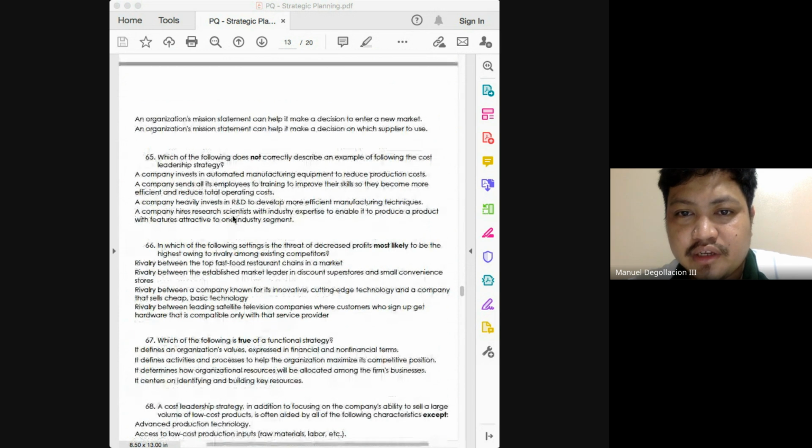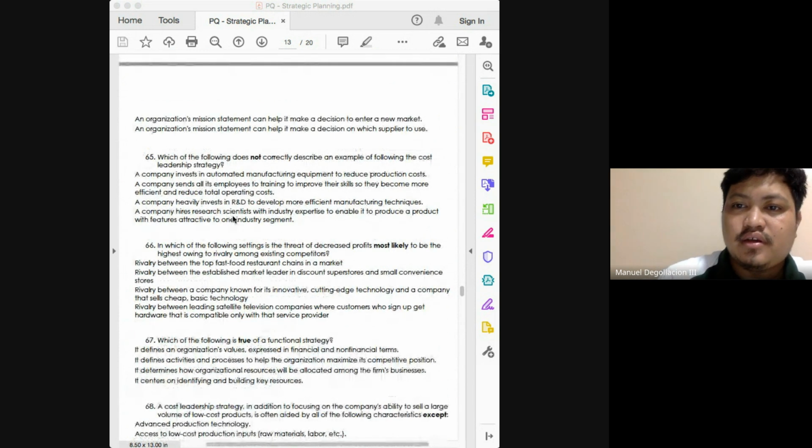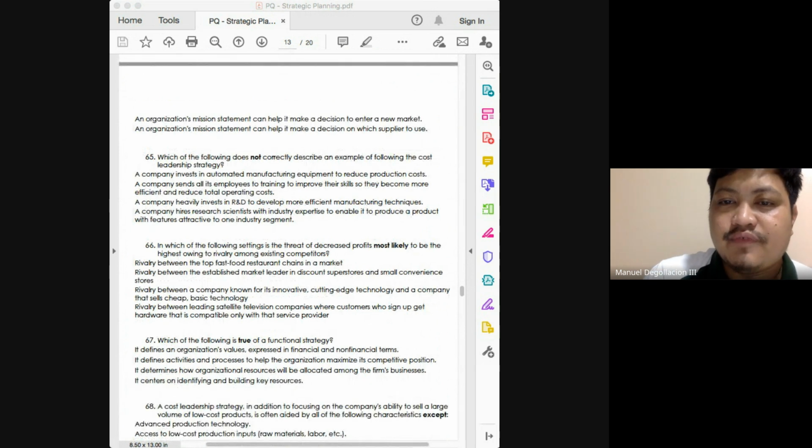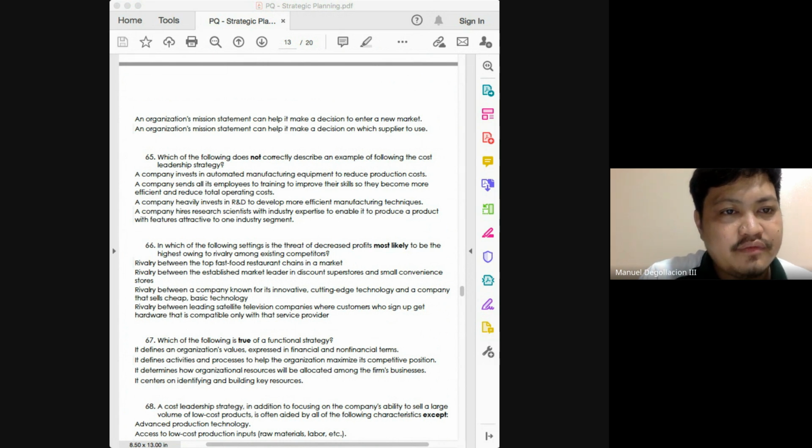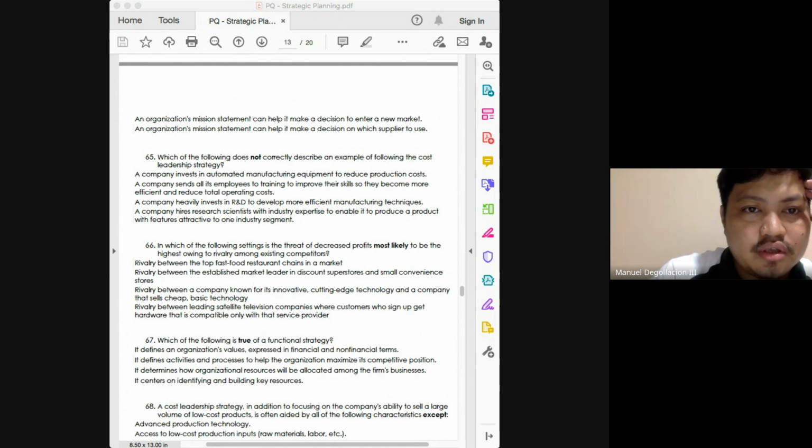65. Which of the following does not correctly describe an example of following the cost leadership strategy? So that means three of the four show cost leadership strategy. First, a company invests in automated manufacturing equipment to reduce production cost. Obviously, that's under cost leadership. A company sends all its employees.